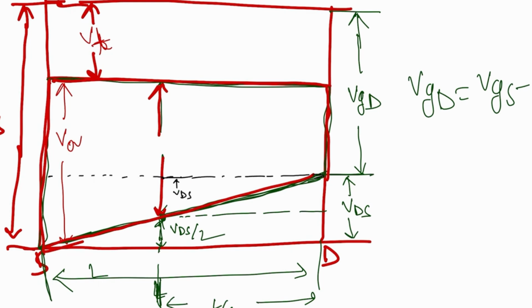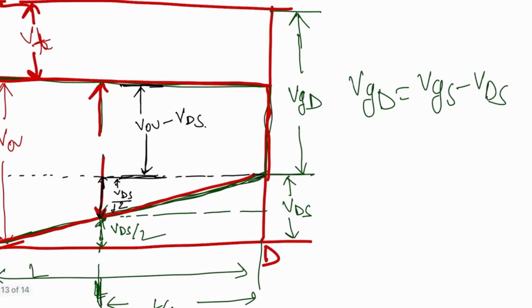It will be VDS by 2. From here to here will be VDS by 2, and here to here is how much? VOV minus VDS.